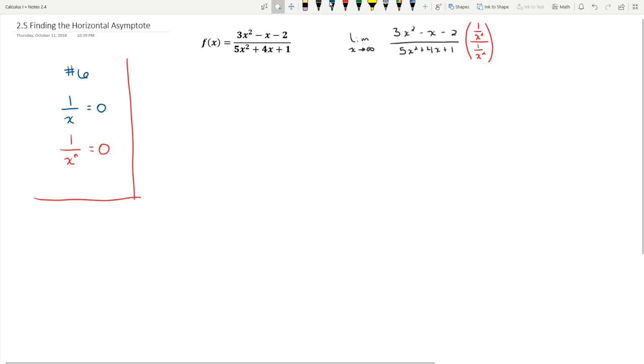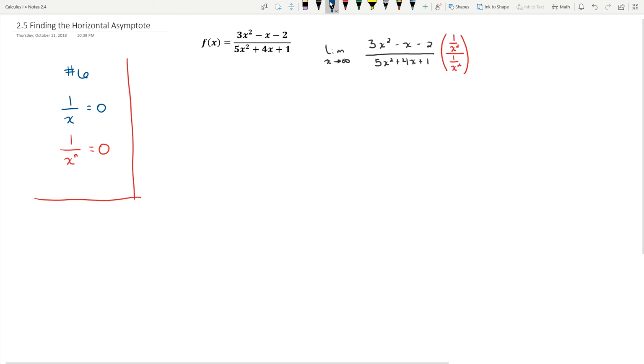So let's go ahead and multiply this product through our function, and we'll carry down our limit. We're still taking the limit as x approaches positive infinity. And now we have 3x squared, and each term is going to be divided by that lead variable from the denominator.